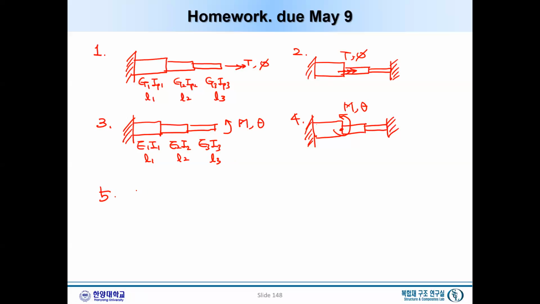Number 5 is, considering beam problems, it is very important to understand whether the beam is statically determinate or indeterminate.